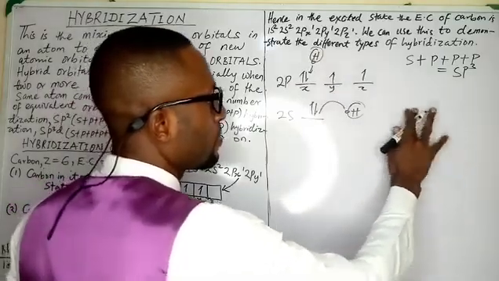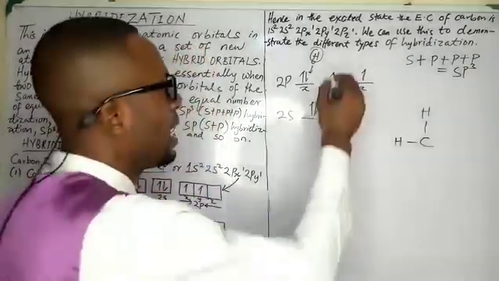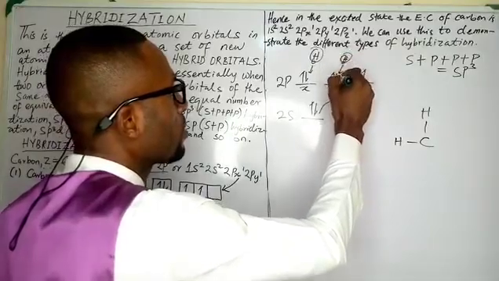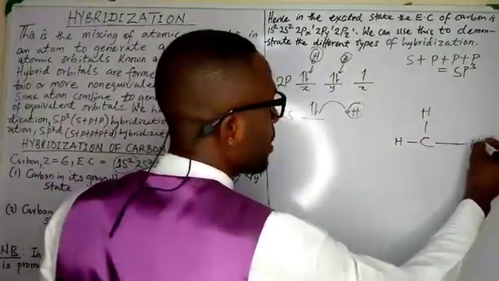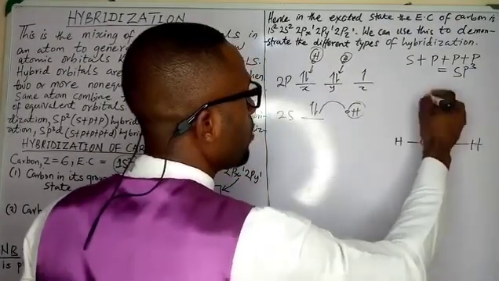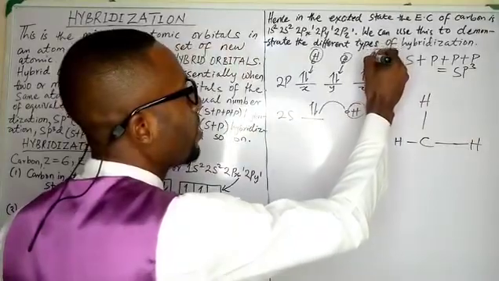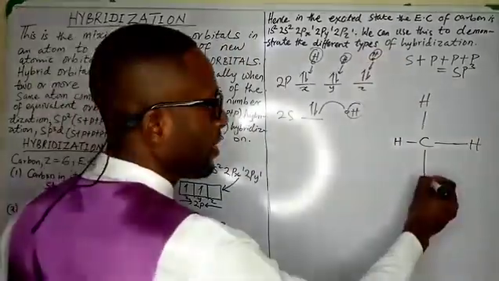Another atom of hydrogen can do the same and makes another covalent bond here. And another hydrogen as well can bring its electron and make another covalent bond here.